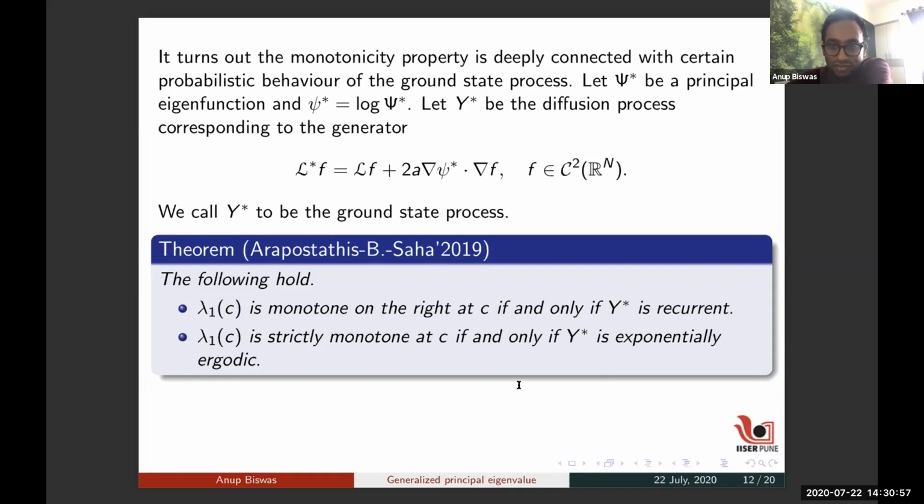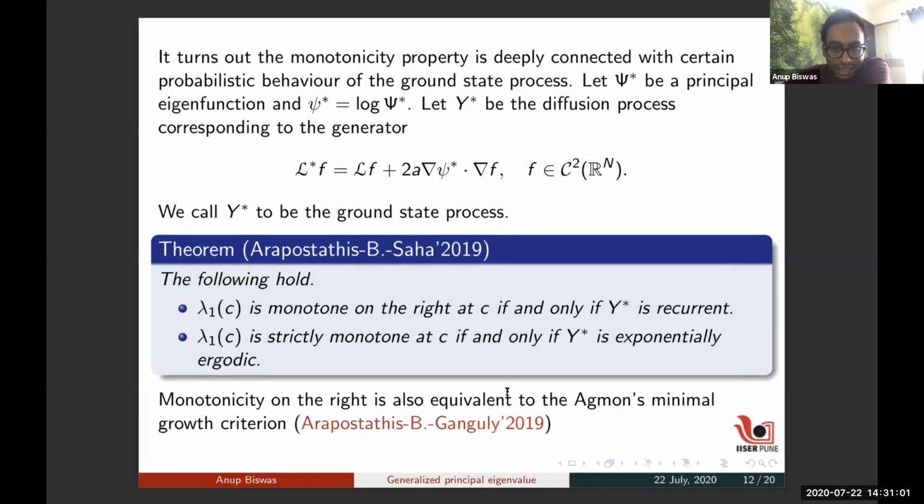But it also has a very nice implication in criticality theory. There is a criterion known as Agmon's minimal growth criterion at infinity. It's pretty popular in criticality theory, and in fact it is used to prove that your principal eigenvalue is simple. That means the principal eigenspace is one-dimensional.